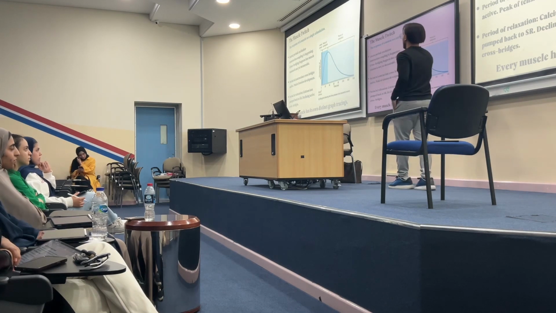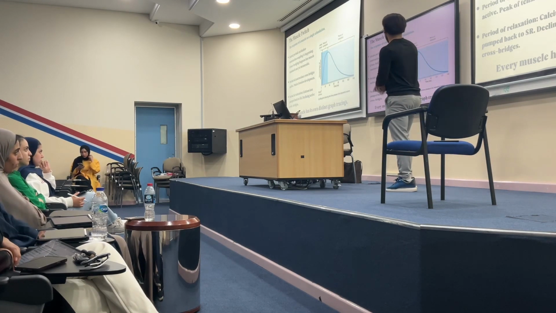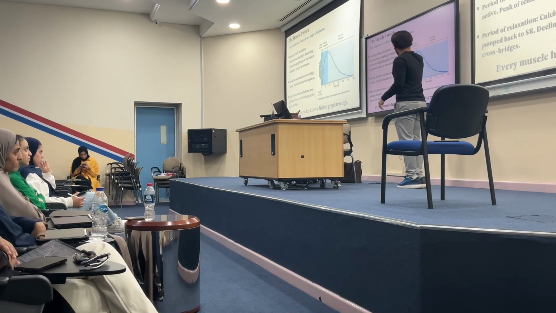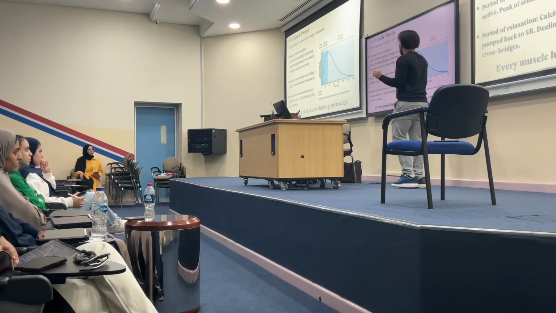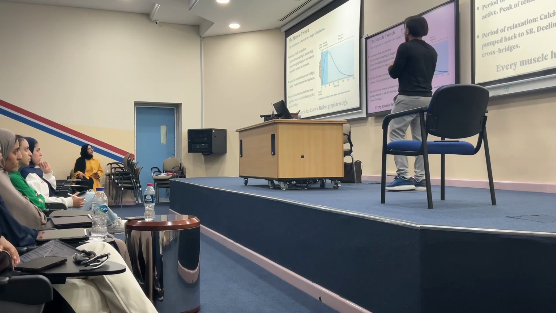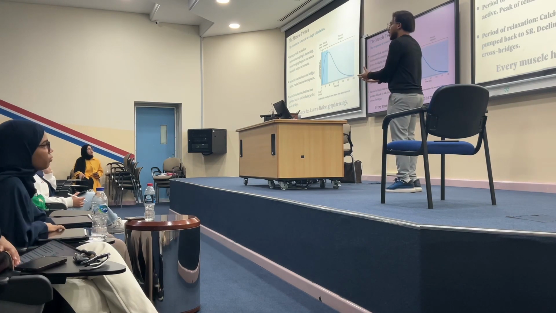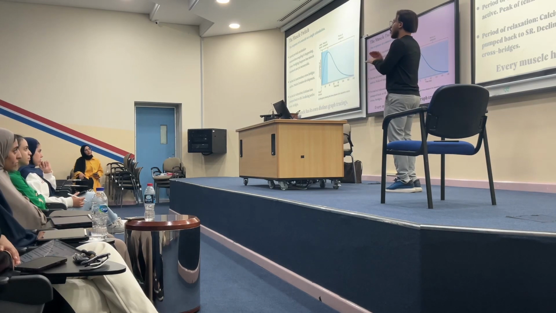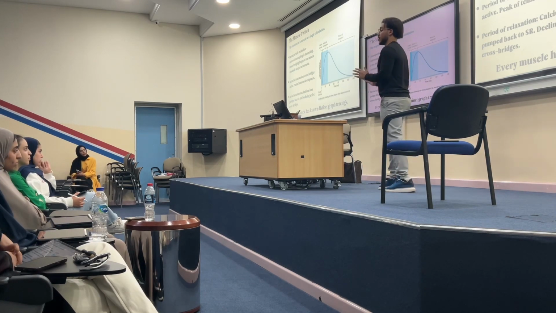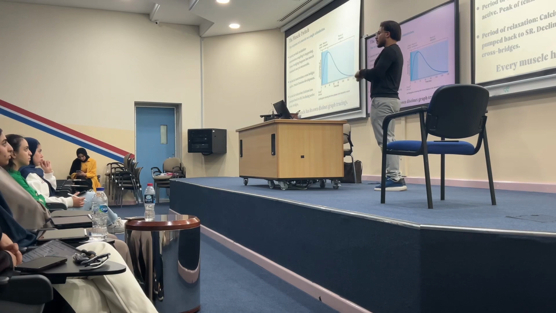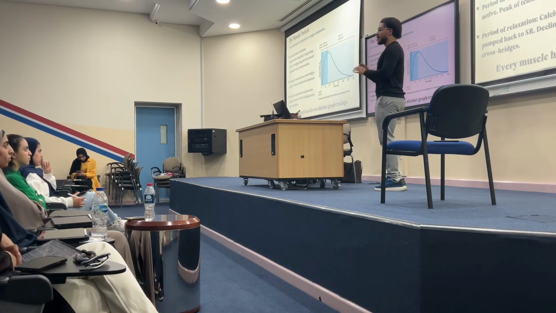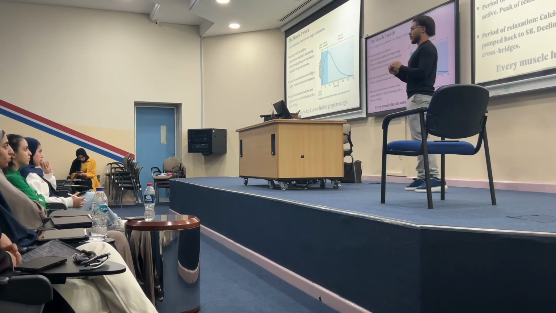Every curve has a latent period. Okay? This one. The very first one. This very small line. What is the latent period? It is where excitation contraction coupling is happening, but there is no muscle contraction that can be detected by the device. So they are starting to initiate a contraction, but no contraction is still detected from the device.